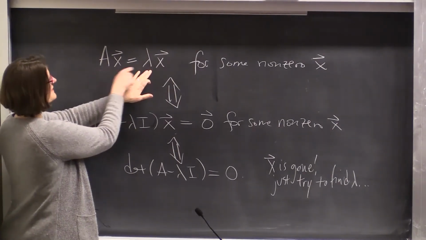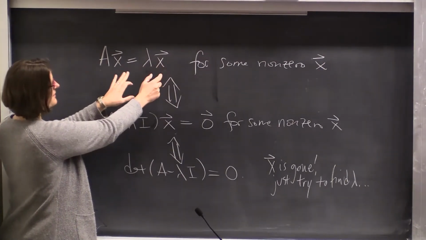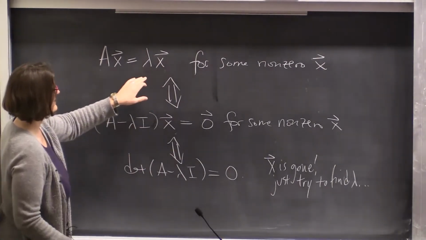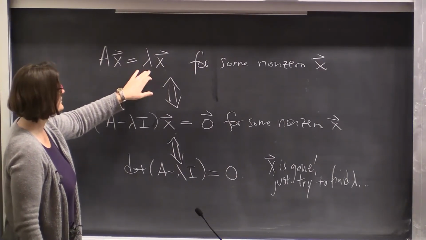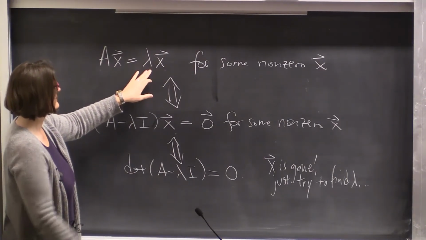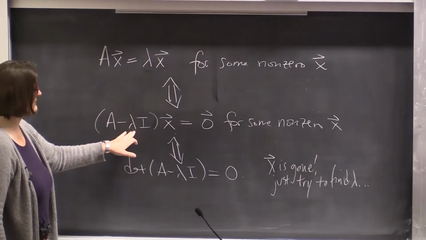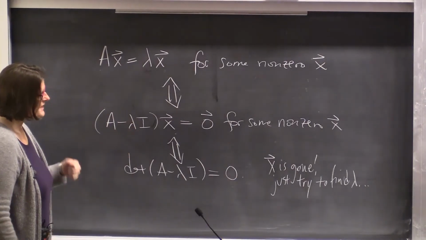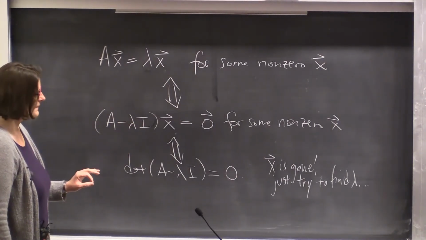When does A times x equal 2 times x? That's just a linear problem in x. You can solve it. Similarly, if you happen to know that lambda has to be 9, you would just plug 9 in, and then you can solve for x. Actually, what we'll do is we'll plug the eigenvalues in here. But once you know what the eigenvalues are, solving for x becomes a linear problem. And you can do it.